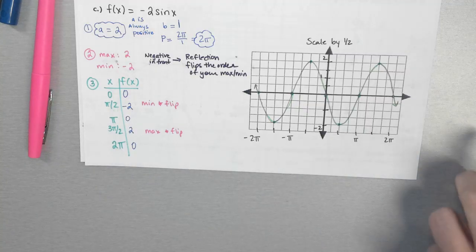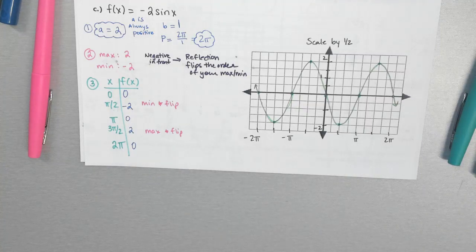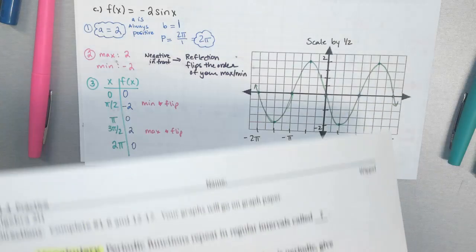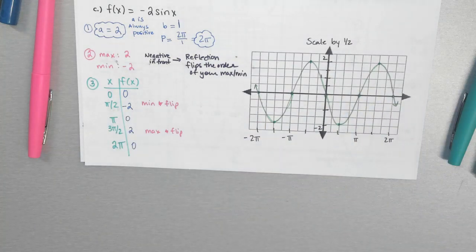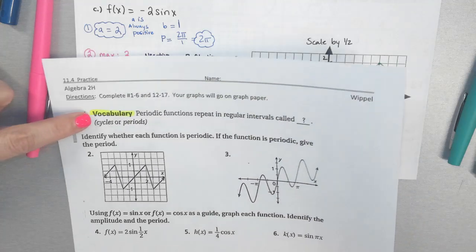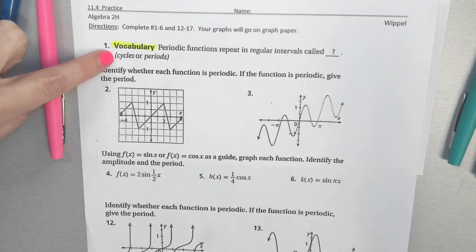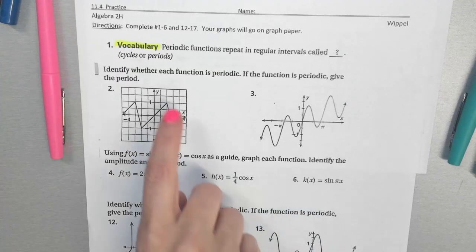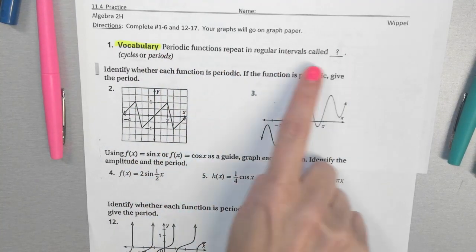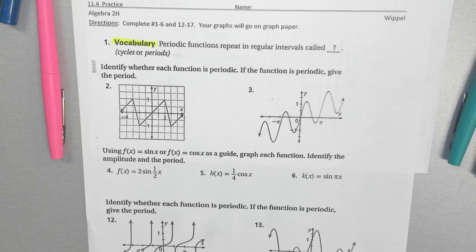Okay, and then the rest of the time today we are going to work on our practice sheet, and sometimes this number 1 gets hidden, so as soon as you get it, I want you to do the vocab question. It says they repeat in regular intervals called, and then go ahead and do that.